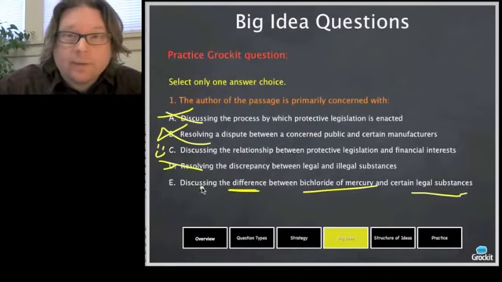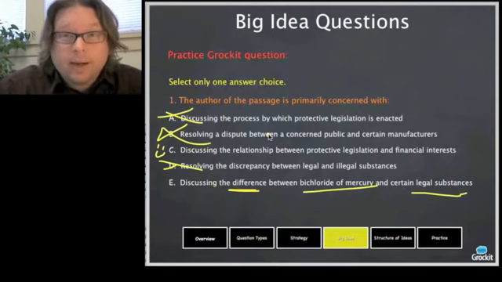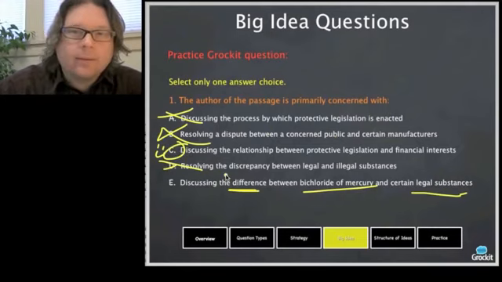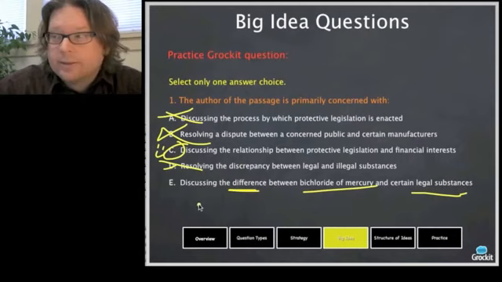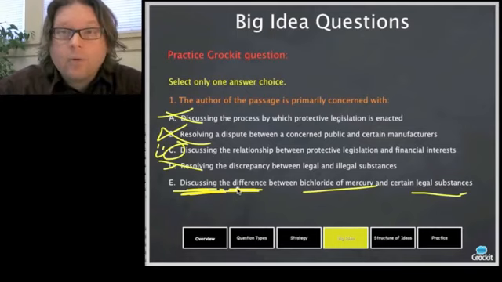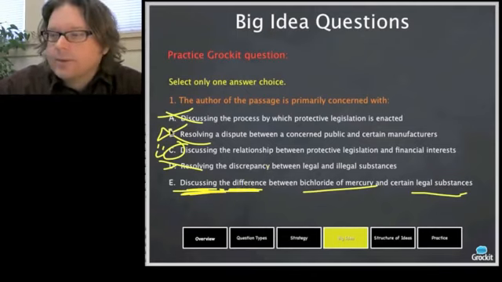We're hearing a very specific difference, which is namely about protective legislation and the financial powers behind a given drug. So choice C is a much better example of what the author was primarily concerned with, because we don't hear about chemical differences or anything like that. It's more setting up this idea that money matters. So choice C.